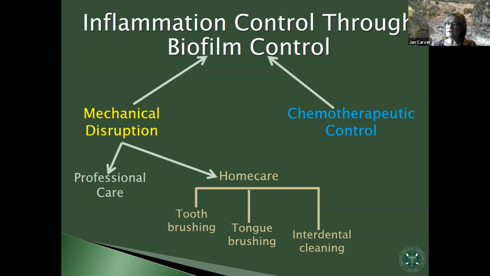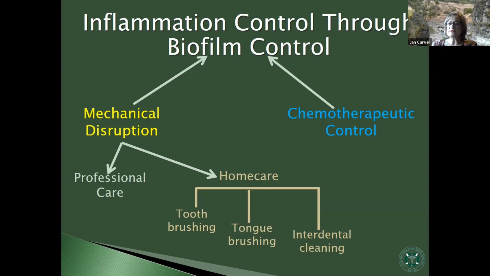So the stuff I'm about to talk to you about is what people can do outside of the professional setting that will help to maintain the health that they have or to improve the situation that they have. But if there's tartar stuck on those teeth, especially under the gums, this can't do it all, but this will definitely help. And so this is what I will talk to you about.